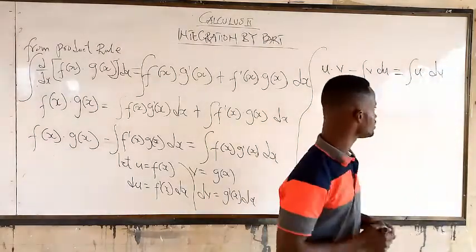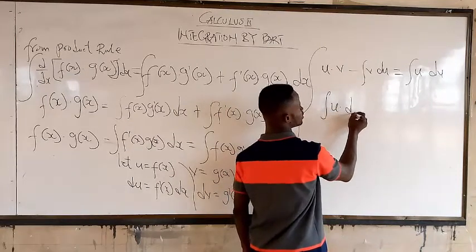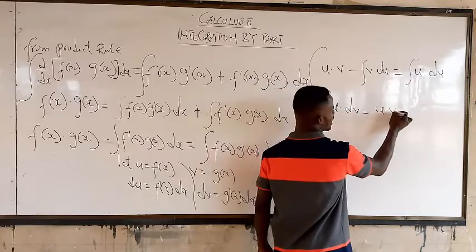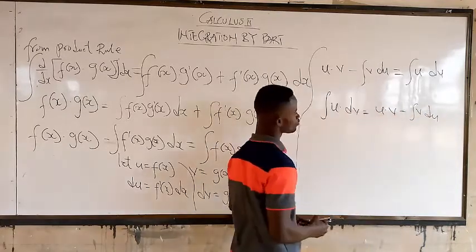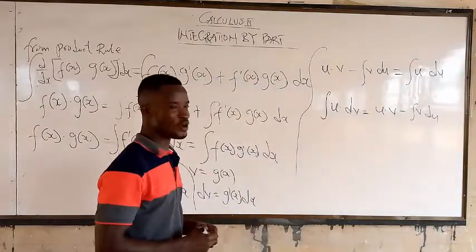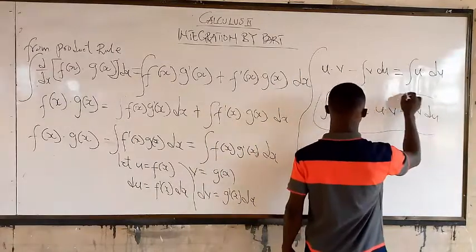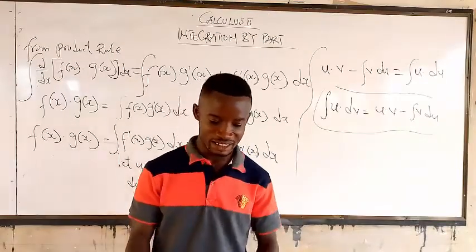So finally we get the integral of u dv equal to u times v minus the integral of v du. Very good.